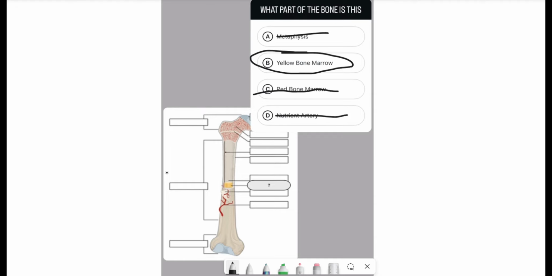Now, if you remember correctly, red bone marrow is in the spongy bone of the epiphysis. Either the proximal or distal one, doesn't matter. Your yellow bone marrow is what's going to be found in the shaft of your bone, the diaphysis. So this, question mark right here is pointing to the shaft of the bone, so you should be able to determine that it's the yellow bone marrow.